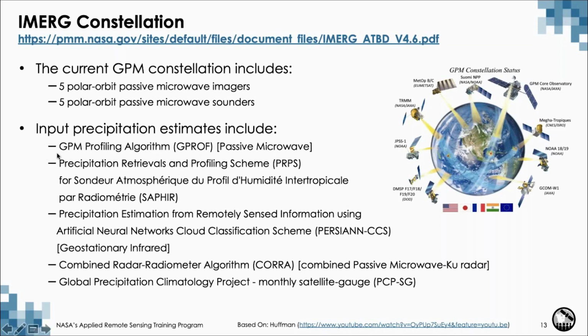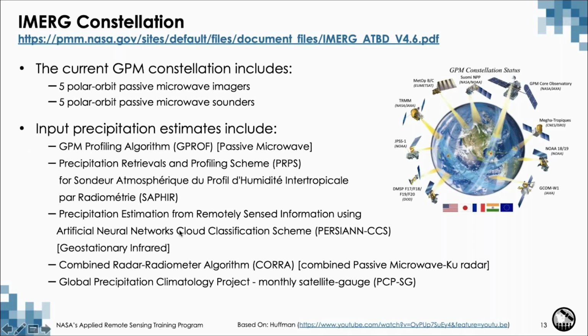Input precipitation estimates use a number of algorithms, and again, the prerequisite has detail about this. This is based on Dr. George Huffman's presentation and webinar, and he is the data producer. He describes each and every algorithm. So basically, this is the imager algorithm, the sounder algorithm.